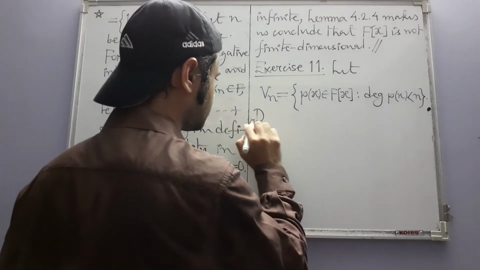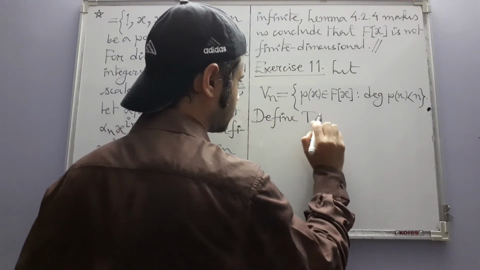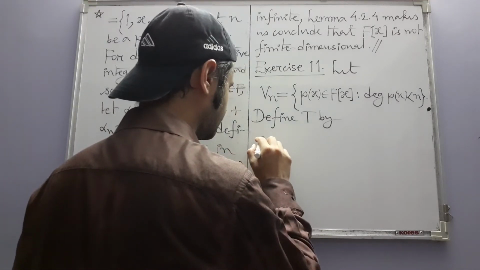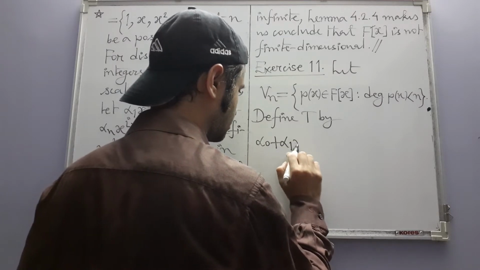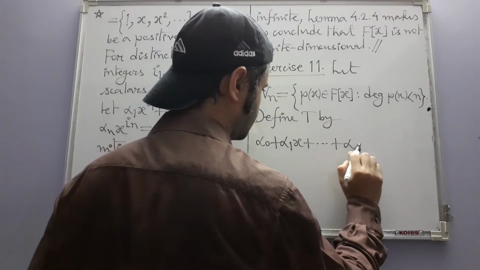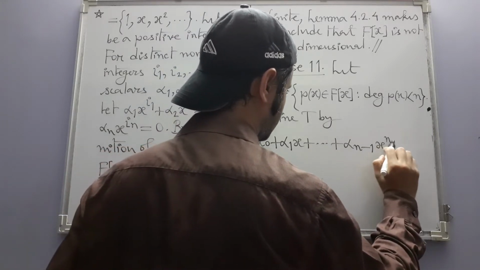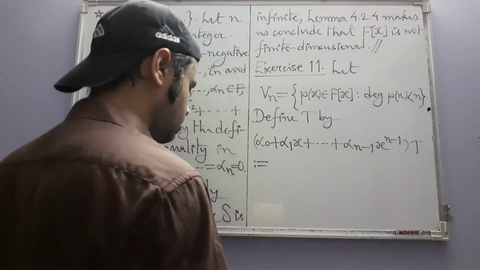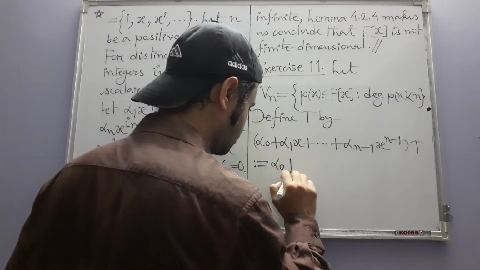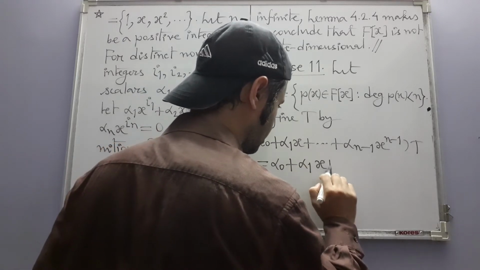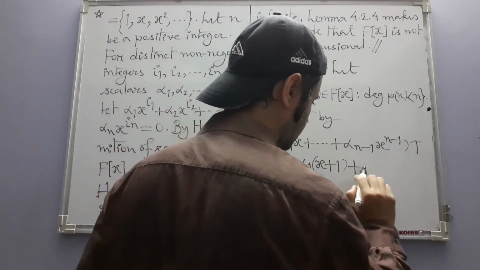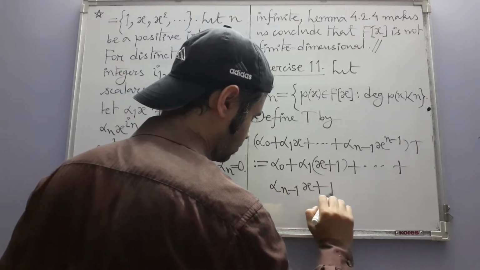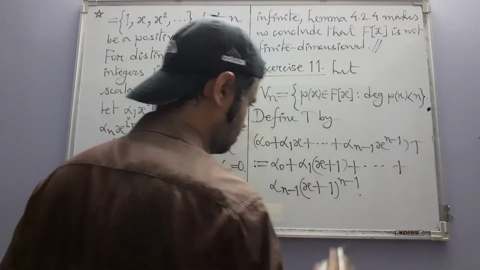Define T by this formula: T of alpha naught plus alpha 1 x plus up to alpha n minus 1 x to the power n minus 1 is defined to be equal to alpha naught plus alpha 1 times x plus 1, so we are replacing all the x with x plus 1, plus up to alpha n minus 1 times x plus 1 to the power n minus 1.